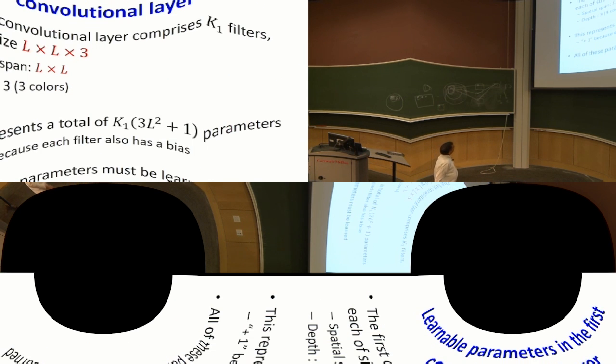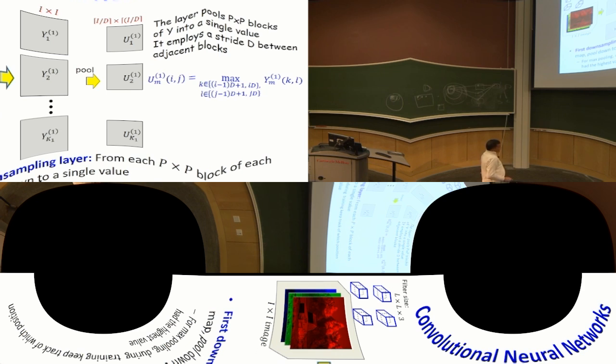Now, the total number of parameters, again, is going to be K1 times 3L squared plus 1. And all of these parameters must be learned. Subsequently, if you're actually performing a pooling, you apply pooling on this separately to get this one, on this separately to get this one, and so on.